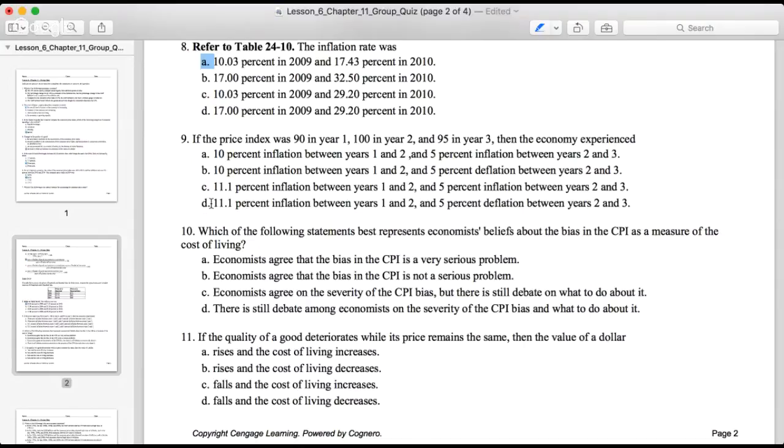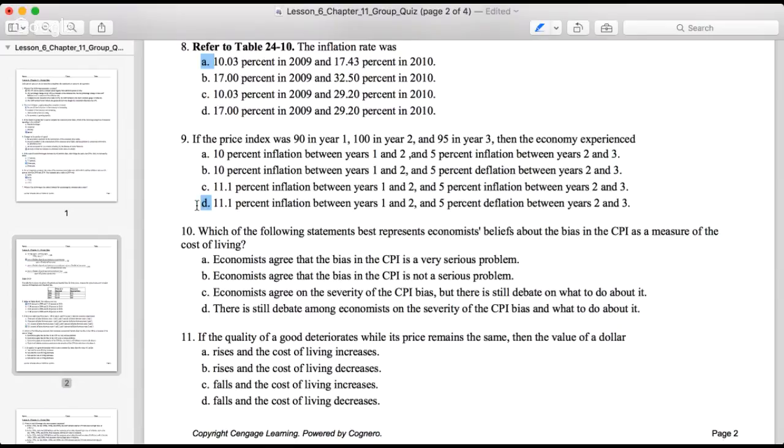All I did on that one was the inflation rate, and then I got the decrease. I got a -5 on the second one. Same. All right, so we'll go D. Right, D on 9.